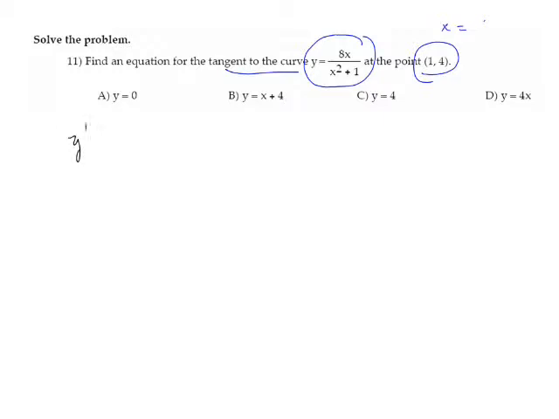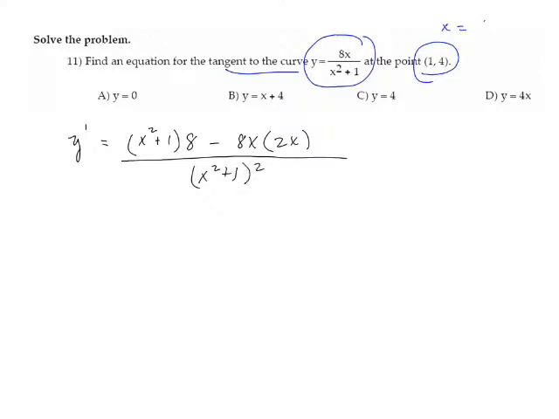Y prime then would be equal to, using the quotient rule, x squared plus 1 times the derivative of the numerator, which is 8, minus the numerator, which is 8x, times the derivative of the denominator, which is 2x, divided by x squared plus 1 quantity squared. Multiplying this out, we get 8x squared plus 8 minus 16x squared divided by x squared plus 1 quantity squared.